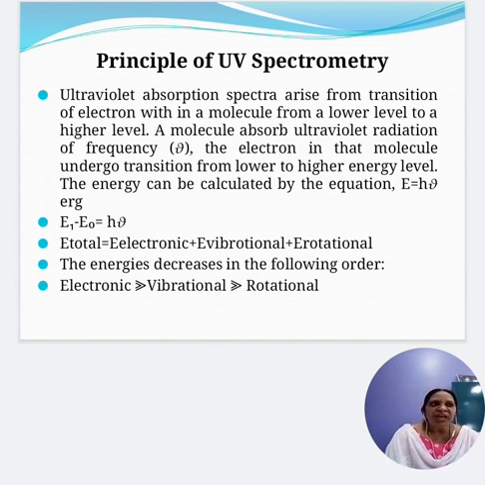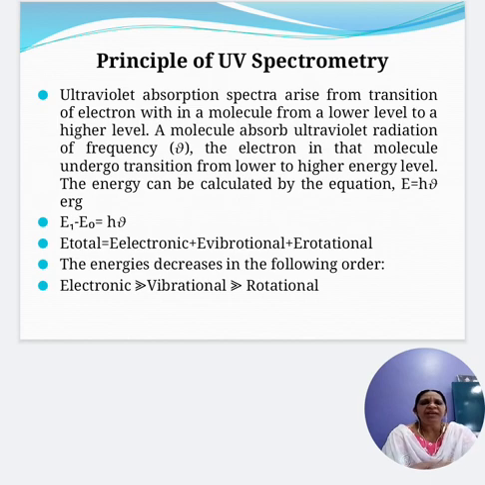So E1 minus E0 is equal to h nu, where E is the total energy. Total energy is equal to electronic energy plus vibrational energy plus rotational energy. The energies decrease in the following order: electronic energy is much greater than vibrational energy, which is much greater than rotational energy.